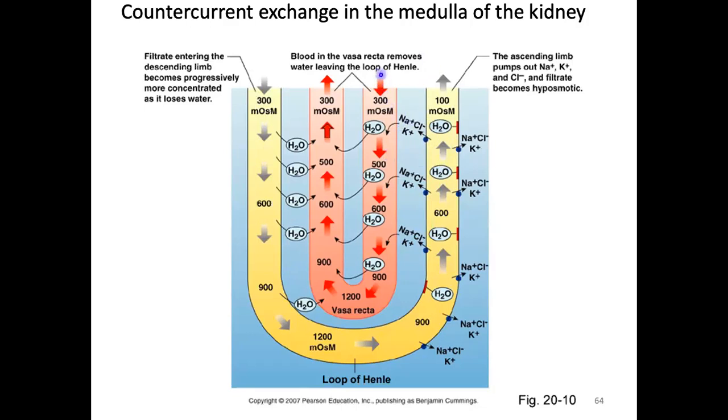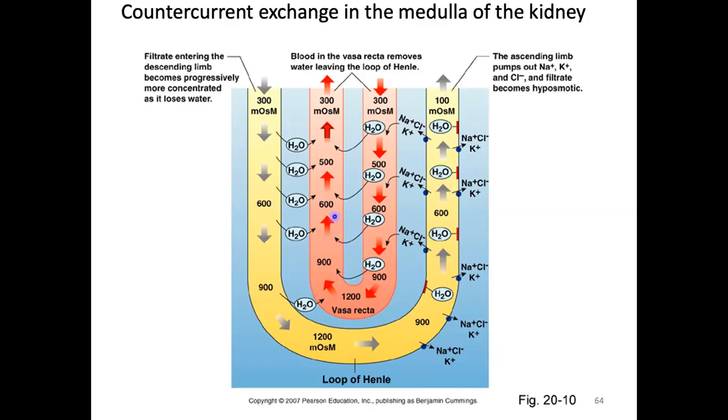Notice the vasa recta flows in the opposite direction as the urine does. So you're kicking sodium in, sodium, sodium, sodium, making it more and more concentrated, so that when the blood gets to this side and turns around, you're going to have a really strong concentration gradient to pull in water.